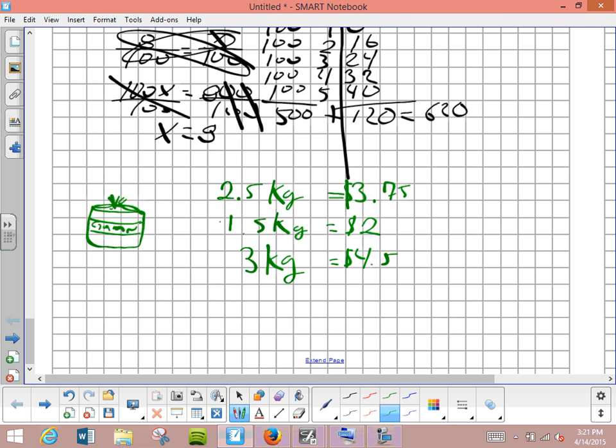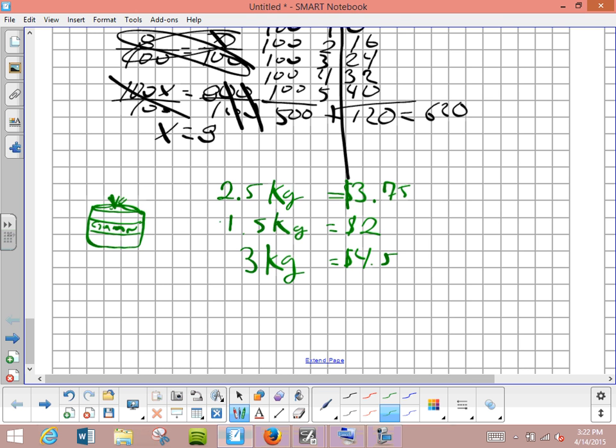Not necessarily. You can't really see it that way unless you do something specifically. Yes? The last one has more kilograms, but it's also more money. Plus 2?